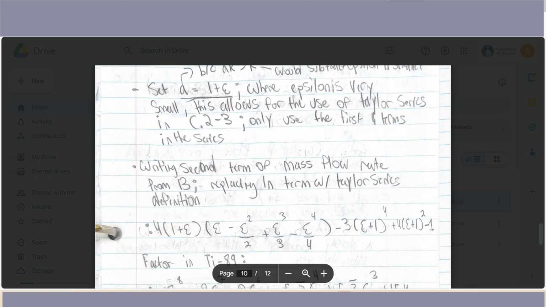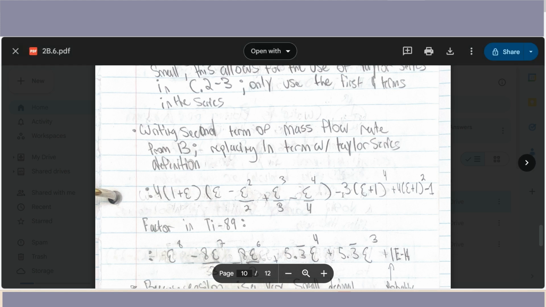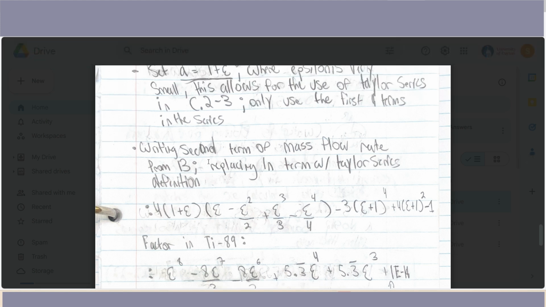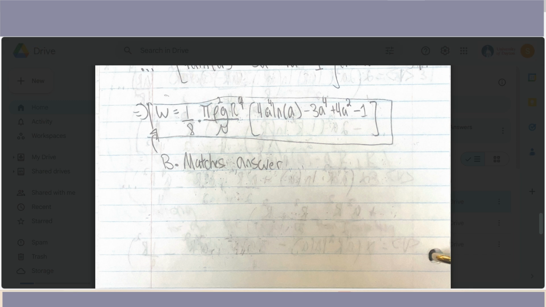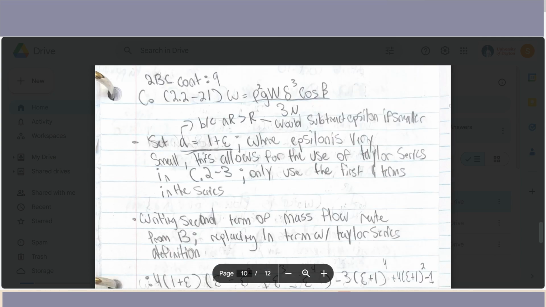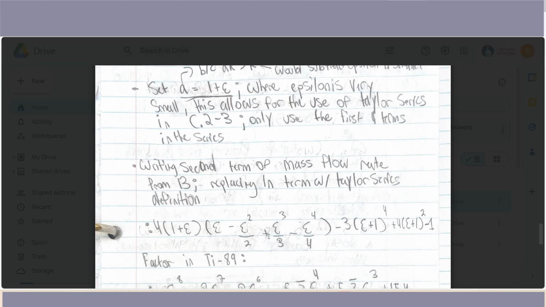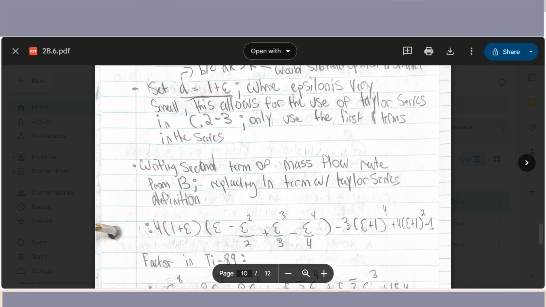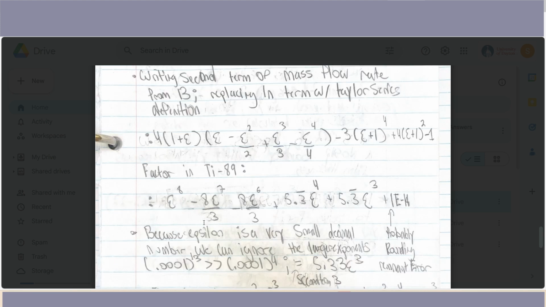So yeah, in this, I just convert this whole parentheses into setting alpha equal to 1 plus epsilon, and this ln A equal to ln 1 plus epsilon equal to this from that table of the Taylor series. So yeah, I factor in the TI-89.